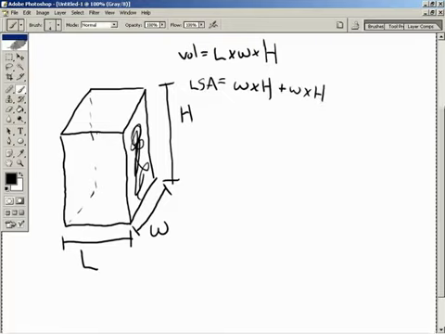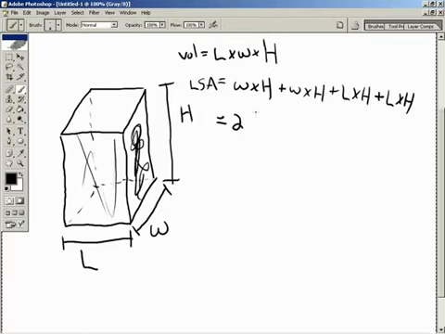And then for this face in the front here, it's plus length times height, and similarly the one in the back is also going to be length times height. So we're left with 2 times (width times height plus length times height).